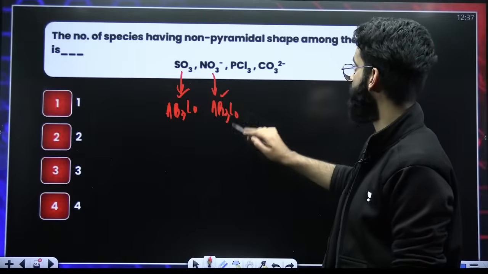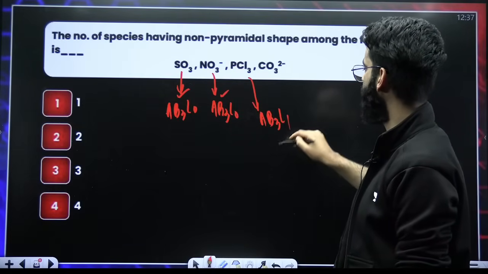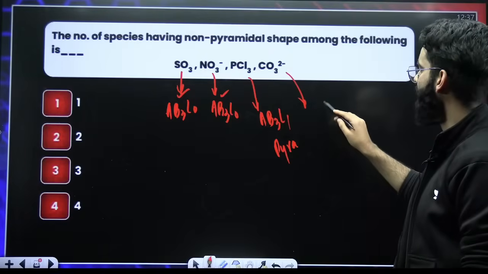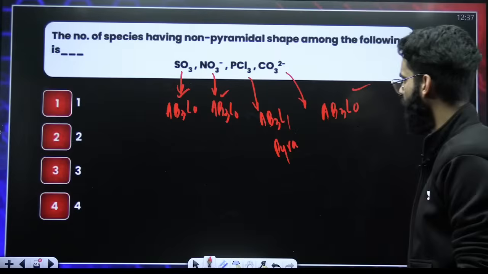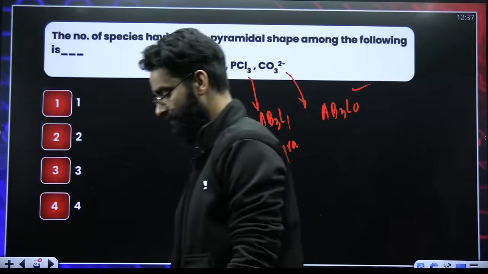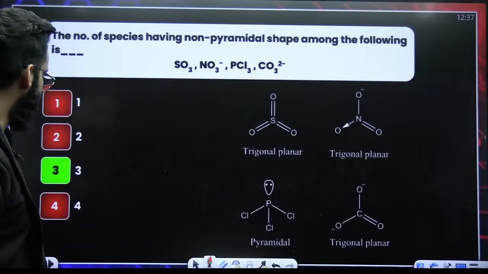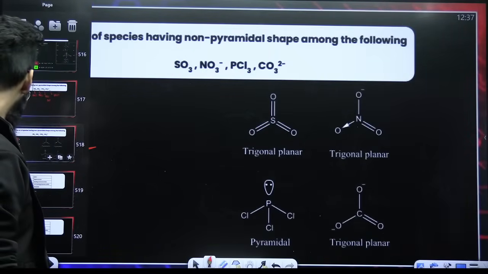This one is AB3L1, this is pyramidal. And this is AB3L0, clear, non-pyramidal. So there are 3 species which are non-pyramidal basically.